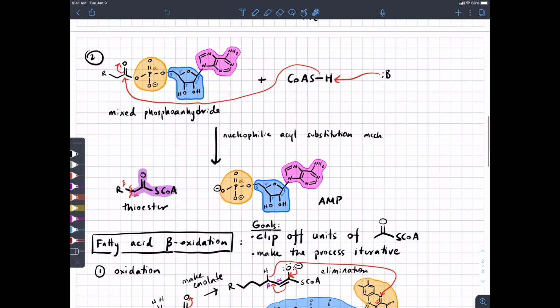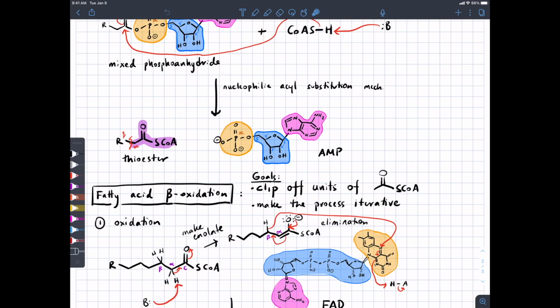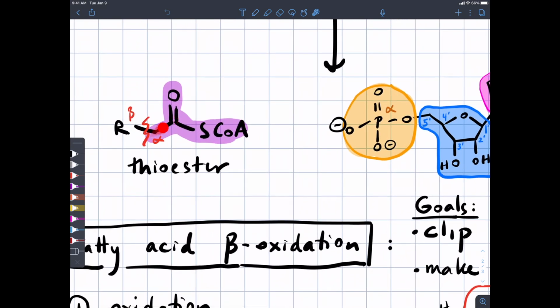Then in the next step, we did a nucleophilic acyl substitution where coenzyme A, a thiol, attacked the carbonyl carbon. You get a tetrahedral intermediate, electrons kick down, and the leaving group leaves. We need CoA here because ultimately we're going to clip off this 2-carbon unit, the carbonyl carbon and alpha carbon, to get acetyl-CoA.